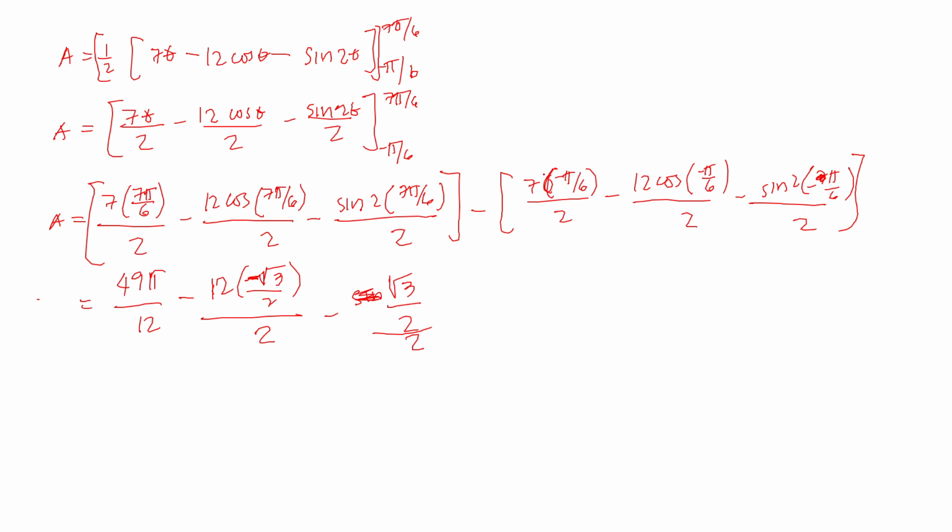Then this is negative, that's plus 7 pi over 12, and 12 cos negative pi over 6 is square root of 3 over 2, the result is positive, so therefore plus 12 square root of 3 over 2.